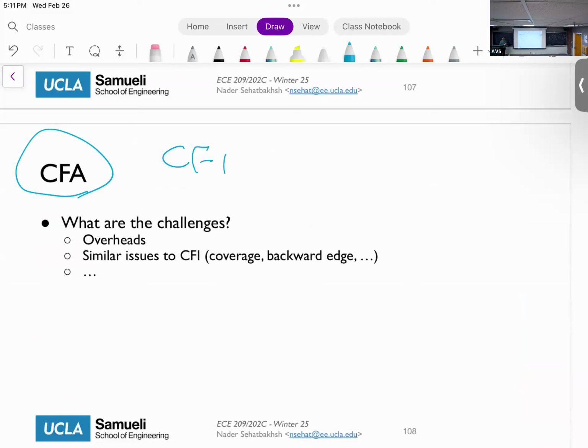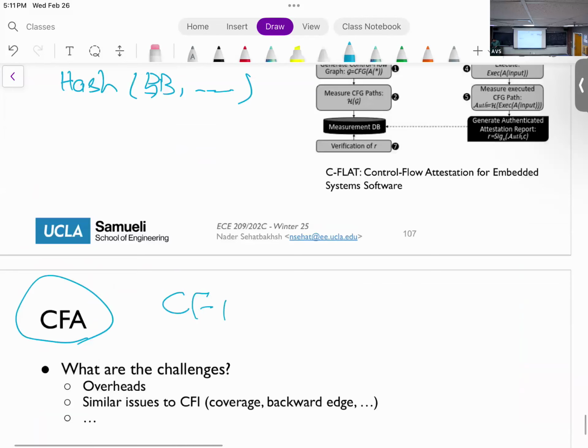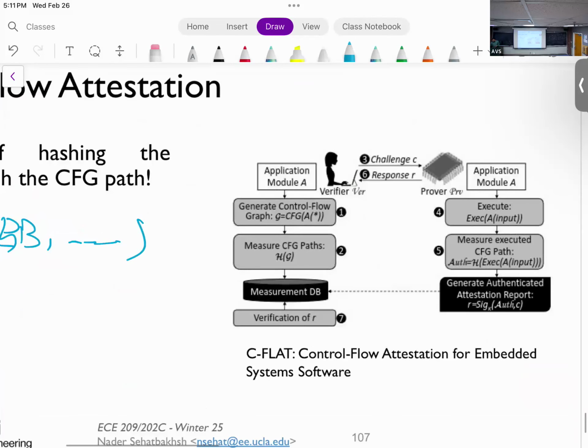Yeah. So how is this different from CFI? Like one runs at runtime, the other one runs before runtime? No. So CFA is basically where you send a challenge, which is an input to a program. You let the program execute fully. You just hash the control flow and send back the response, which is the hash of the control flow. Now the verifier will check that hash to see which basic blocks you ran.